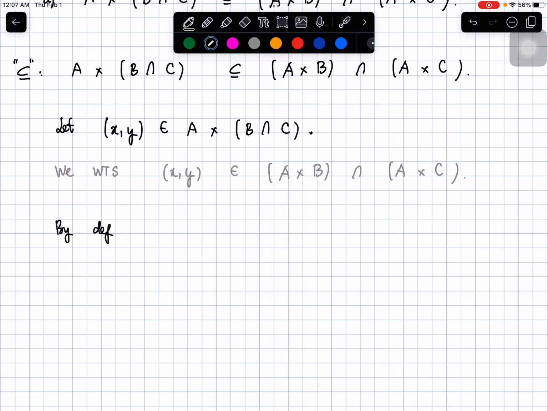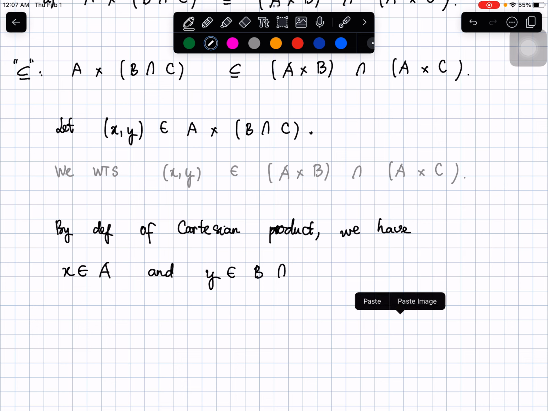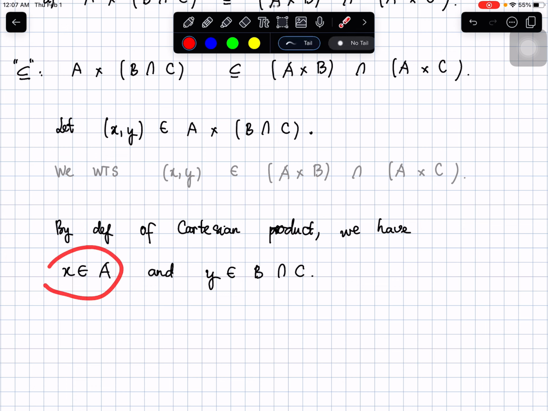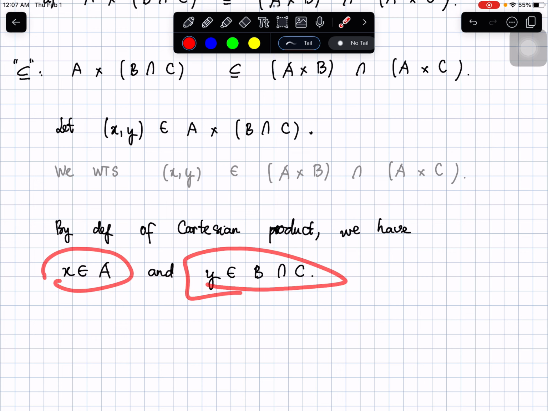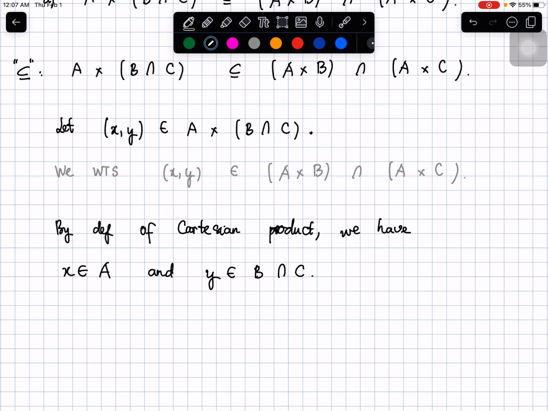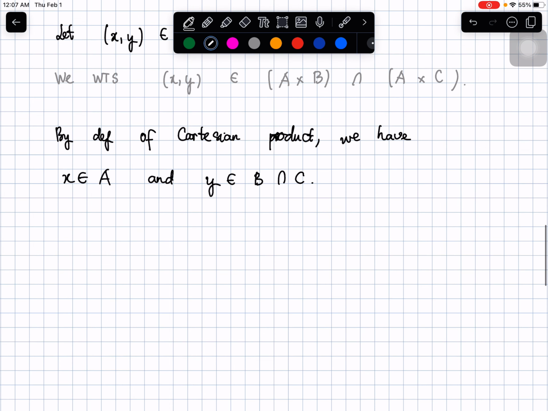By definition of Cartesian product, we have x is an element of A and y is an element of B intersect C. Okay, let it be there first. x is in A, y in B intersect C. This means that y is an element in B and y is also an element in C. So by definition, y in B intersect C means y is in B and y is in C.